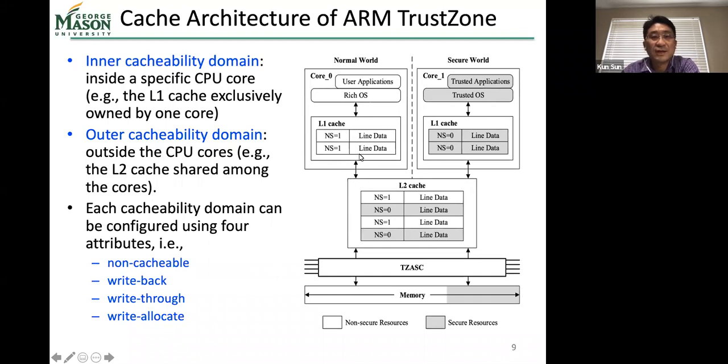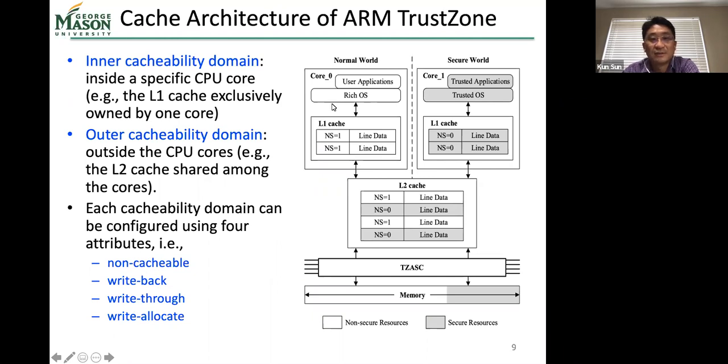Because they have these 2 levels of cache, level 1 and level 2, they define cacheability domains. The inner cacheability domain is for the level 1 cache, which is exclusively owned by each core. The outer cacheability domain is on the level 2 cache, which is shared by multiple cores. ARM allows us to define cacheability features for each domain.